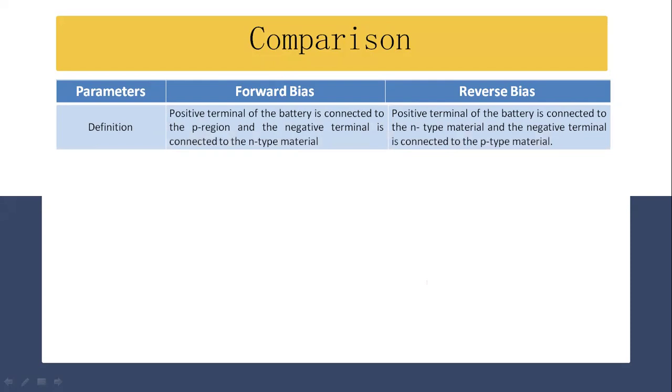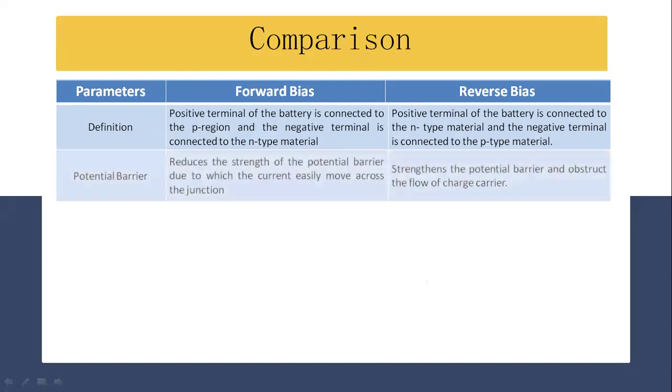Whenever we are connecting the positive terminal of the battery to the P region and the negative terminal of the battery to the N region of our PN junction diode, that is called forward bias, whereas whenever we are connecting the P region of our PN junction diode to the negative terminal and the N region to the positive terminal of the battery, that type of connection is called reverse bias.